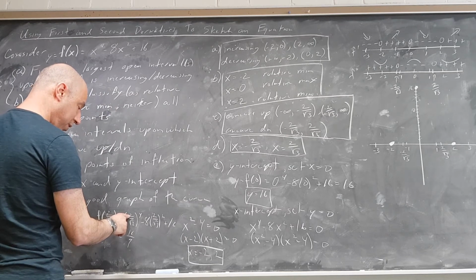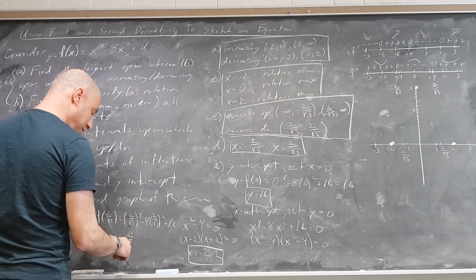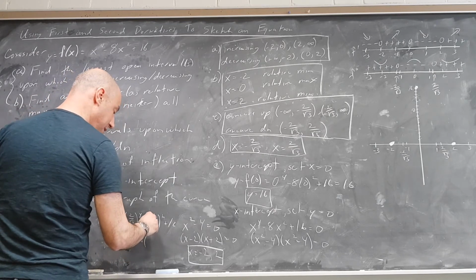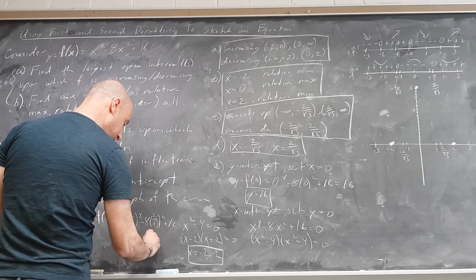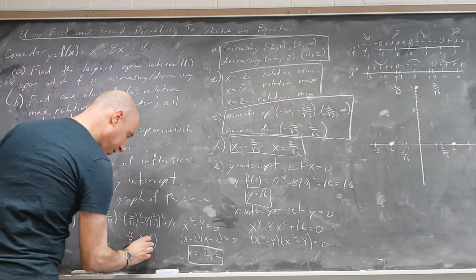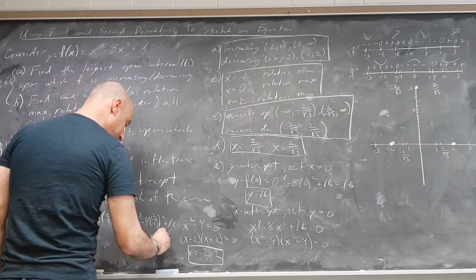So 2 to the 4th is 16. Root 3 to the 4th is the same as 3 squared, so 16 over 9 minus 8 times what I have here is 4 over 9. Sorry, 4 over 3, I should say, plus 16.